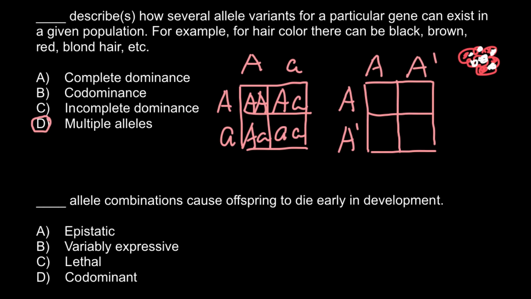So this is going to be the phenotype of this parent. The phenotype of this parent is also going to be the same, but in the following generation we would see capital A capital A here, capital A capital A prime here, capital A prime capital A here, and capital A prime capital A prime here. So what phenotypes are we going to see here? This plant is going to be solid red.